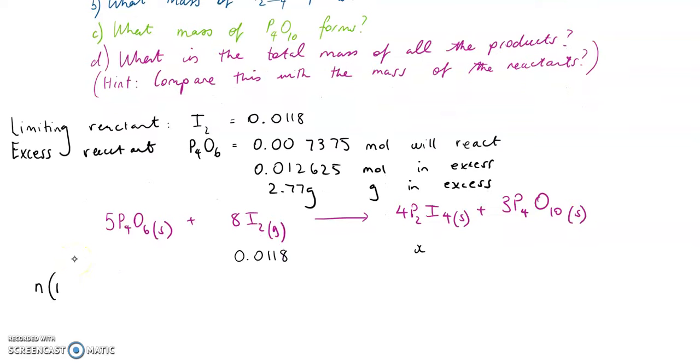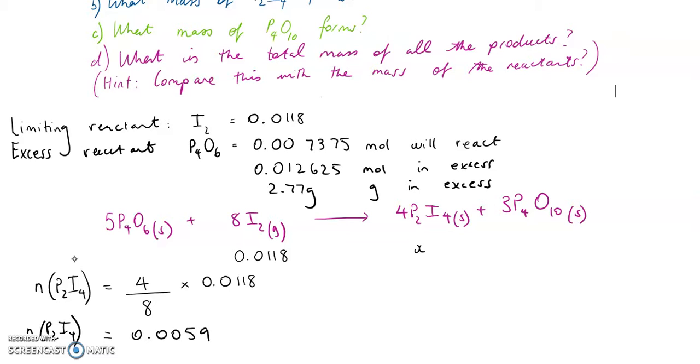So what amount of mole P2I4 forms? Take our unknown coefficient, which is 4, and take our known coefficient, which is 8, multiply by our known value. So this is just going to be half times that value there, which is 0.0059.